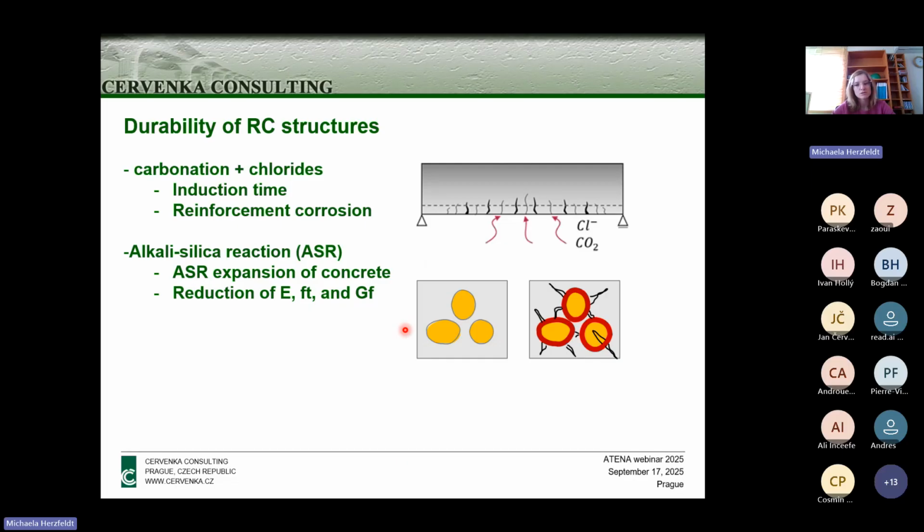It basically considers the reaction of aggregate that has to be reactive, the specific silica aggregate, in combination with alkali producing some secondary alkali-silica gel in the structure of concrete. On the macroscopic level, that can cause the expansion of concrete, which is connected to developed microcracking inside the structure. And it causes a reduction of mechanical properties of concrete.